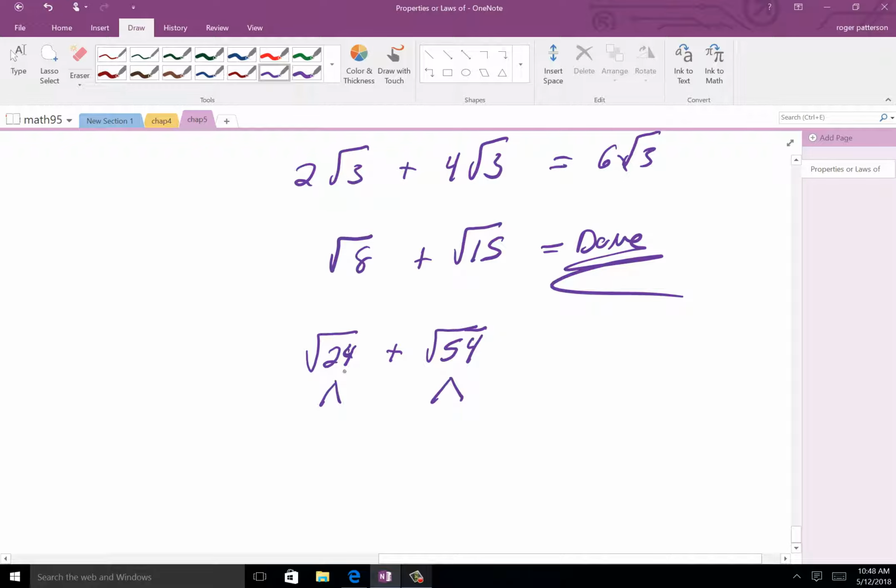What number goes into 24? The largest perfect square that goes in there is 4. 4 goes in there 6 times. So this is 2 square roots of 6. Plus, what goes into 54?